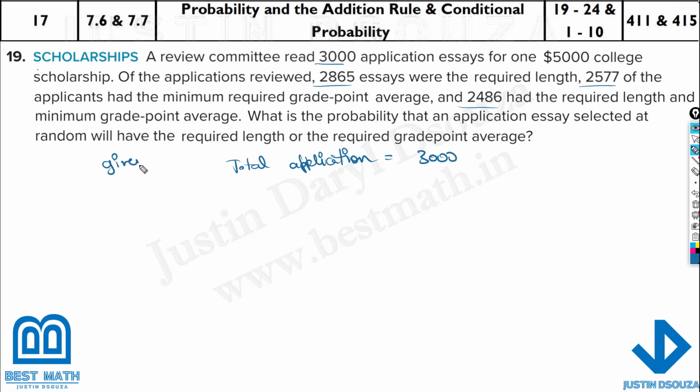Step 1 is the given, whatever is given. Of the applications reviewed, 2,865 essays were of required length. Now, don't write P or anything. You can just write applications of required length. That's given to be 2,865.